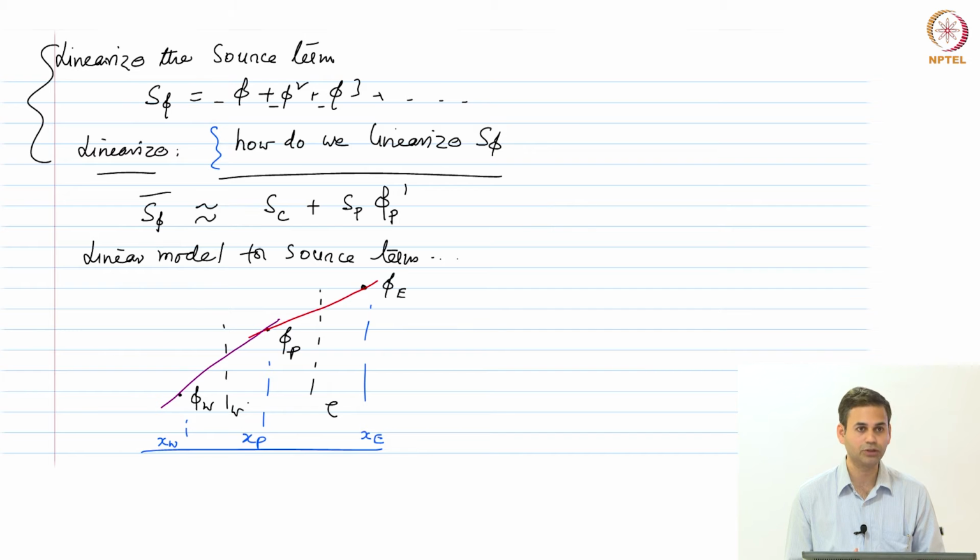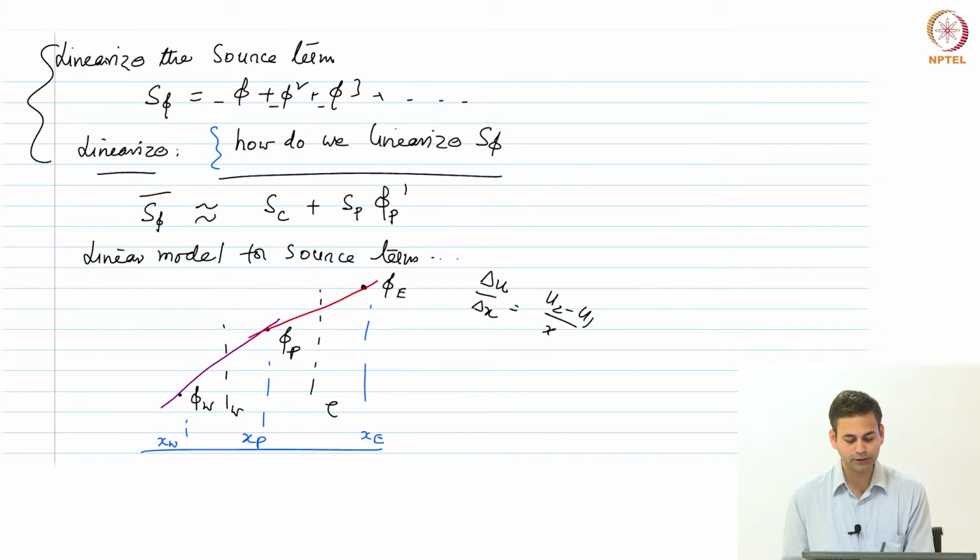Now, we are not assuming that phi is increasing. Phi could decrease as well, right? How do you calculate some change in u by some change in x? This is always between 2 points. You would write this as u2 minus u1 by x2 minus x1, or you will always write it as u1 minus u2 by x1 minus x2.